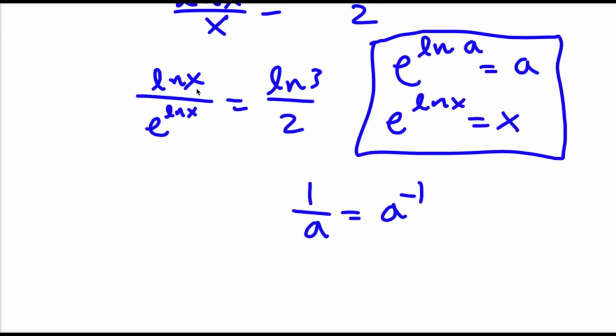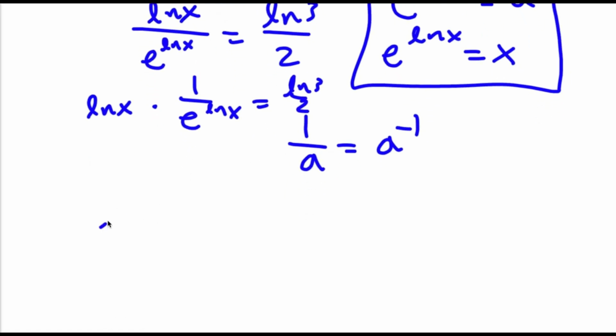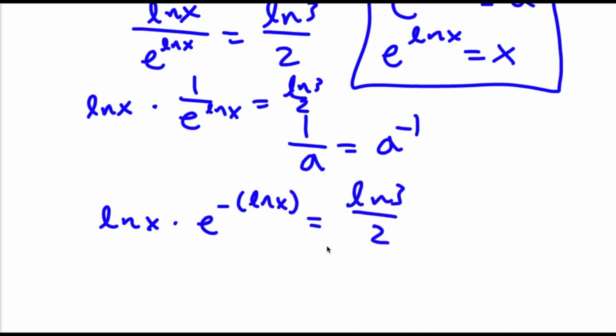So ln x over e to the power of ln x, I can rewrite as ln x times 1 over e to the power of ln x, which is equal to ln 3 over 2. And this is equal to ln x times e to the power of negative ln x, which is equal to ln 3 over 2.